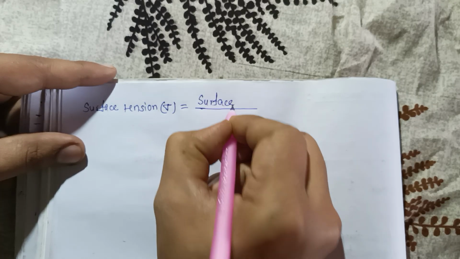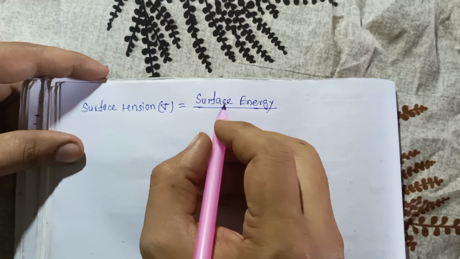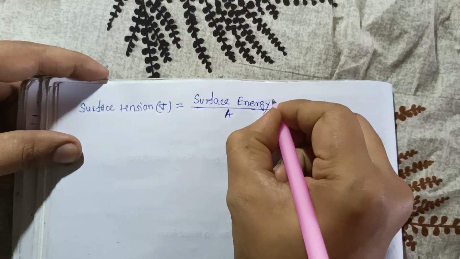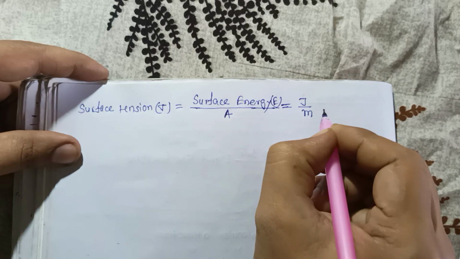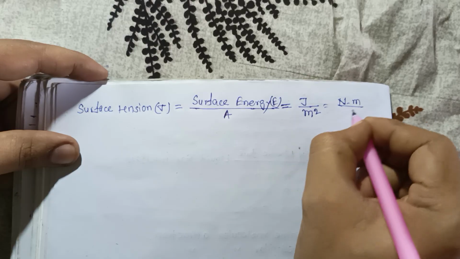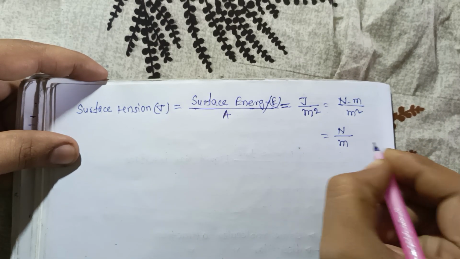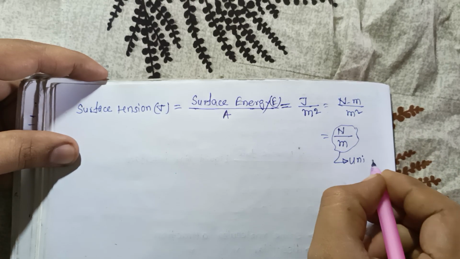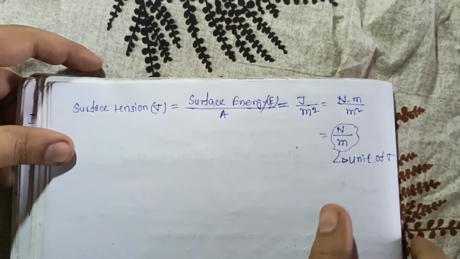Surface energy is in joules and area is in meter squared, and joule is Newton into meter. So it is Newton meter by meter square, which gives Newton per meter. So this is the unit of surface tension sigma.